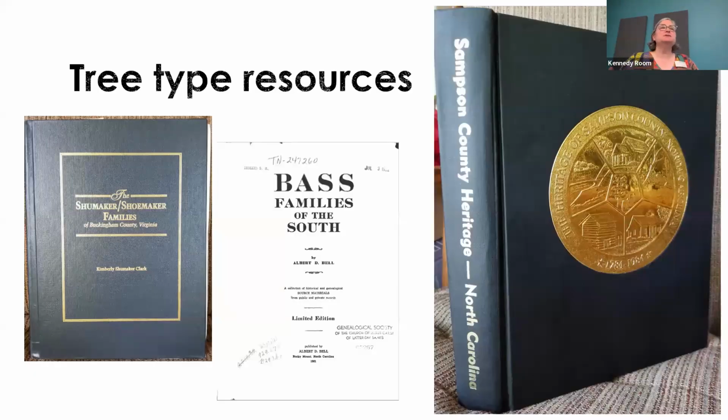So, family history books have been the backbone of genealogical research for many years until the advent of the internet. Now, I will talk about online trees in just a second. Just because it makes it into print does not make it true, okay?